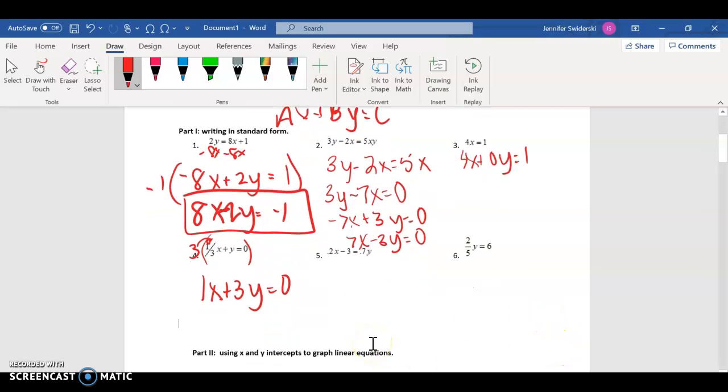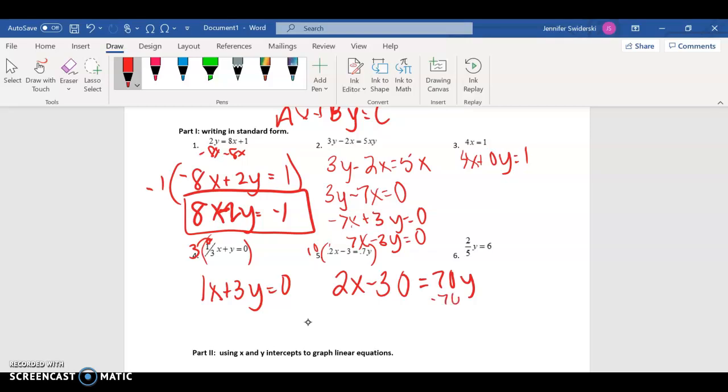This next one looks like decimals. I'm going to multiply everything in here by 10. When I do that, to clear out the decimals, because you cannot have decimals, you're going to get 2x minus 30 is equal to 70y. We need to move some things around here.